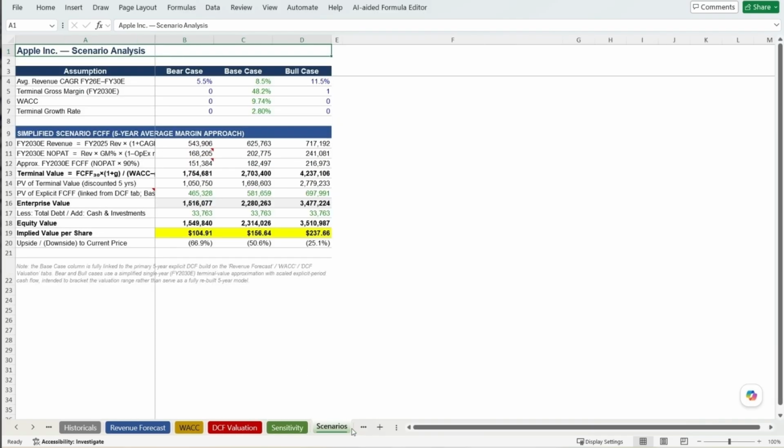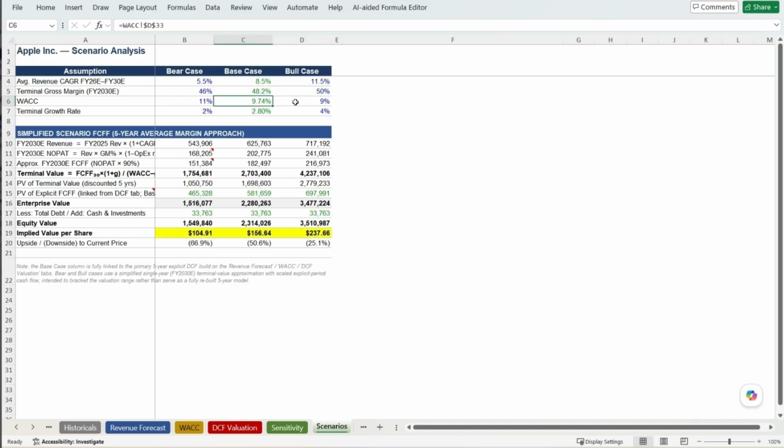Then we move to scenarios. So this model has created 3 scenarios: bear case, base case, and bull case. I think there's some formatting issue over here. Let's convert it to percentages. So the scenarios are around gross margin. So base case gross margin is 48%. And what happens if the gross margin reduces to 46 in the bear case and increases to 50 in the bull case?